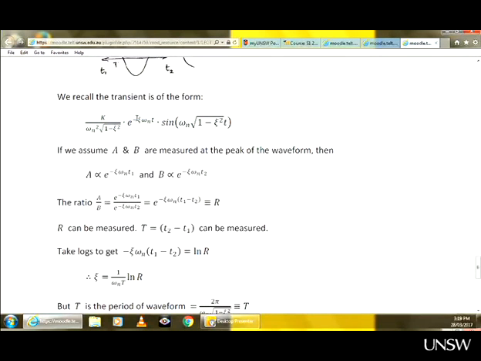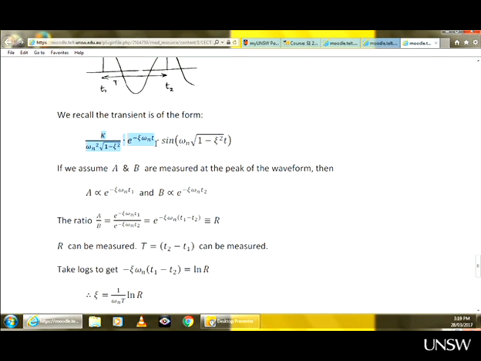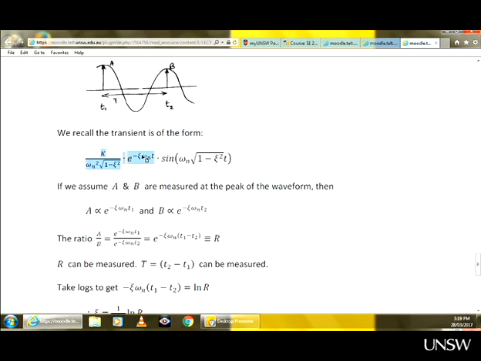Now, thinking about amplitudes, this constant will not change, but each amplitude will be proportional to this exponential term. So first amplitude A will be proportional to the exponential with T1 in the argument. Amplitude B will be proportional to this exponential term, but this time T2 will be in the argument.